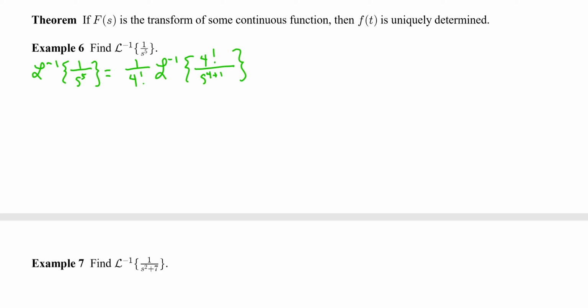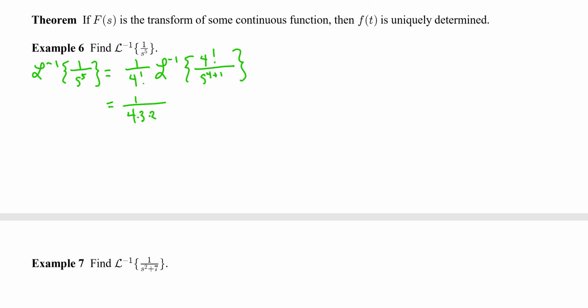Okay, the 4 plus 1 in the denominator is just to recognize that in this case, n is 4. The inverse Laplace transform formula requires 4 factorial in the top. Since we don't have it, we're going to multiply and divide by it. So essentially here, we're multiplying by 1. Thus, we have 1 over 4 factorial.